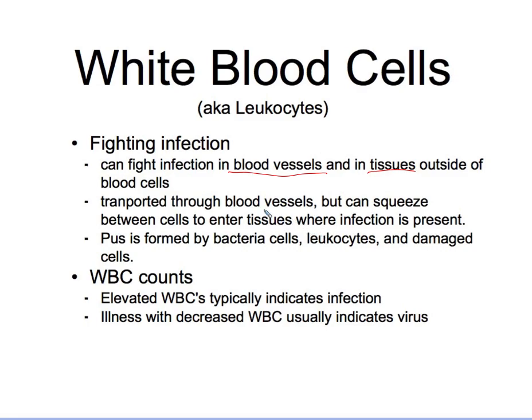So they can pass from your arteries and veins into your tissues in order to neutralize foreign cells in your body. Pus is formed by bacteria cells, along with leukocytes and your damaged cells, and that's where pus comes from.